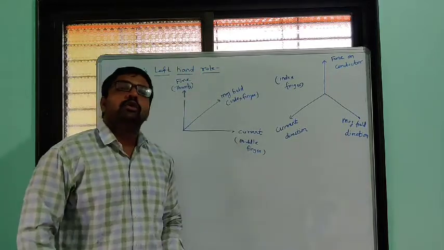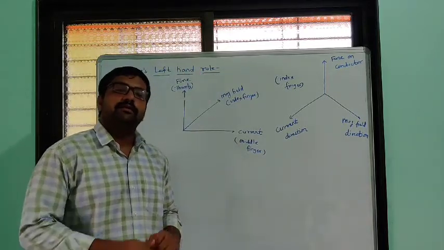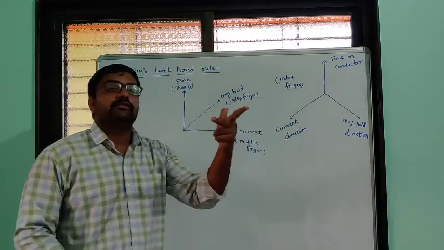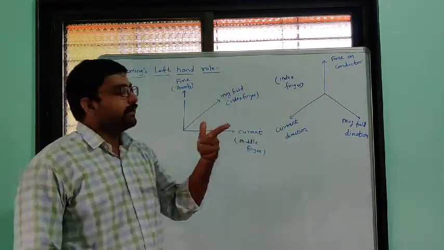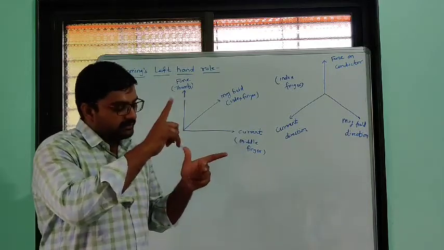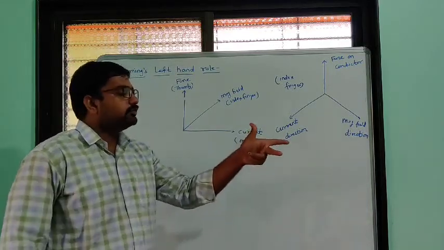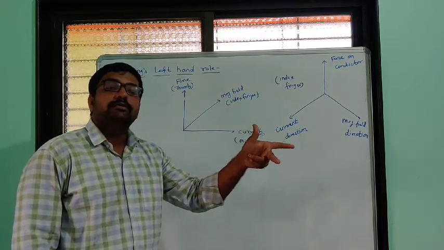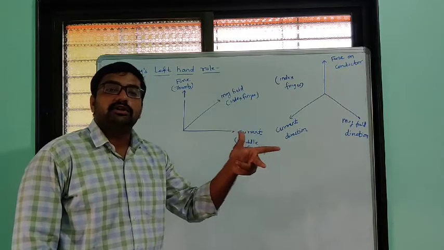In Fleming's left hand rule, Fleming tells us that we have to stretch three fingers of our left hand. First the thumb, this is the index finger, and this is the middle finger. We have to stretch these three fingers in such a way that the three are mutually perpendicular to each other.